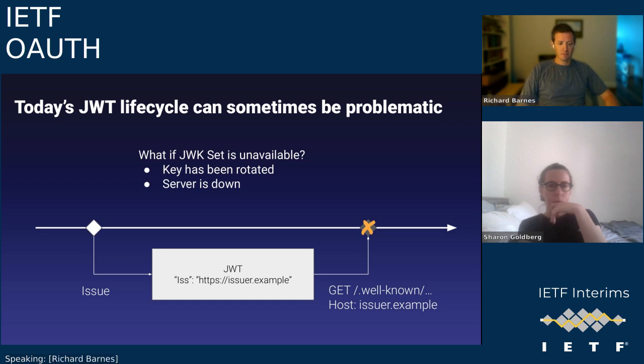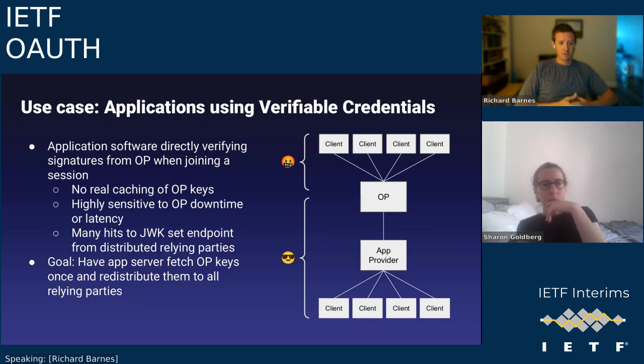I want to talk about two ways that manifests. The first one comes up when we think about things like MIMI or end-to-end encrypted Zoom or WebEx, applications like that, where we might want to use things that are issued by an OAuth or OpenID provider. In particular, things like verifiable credentials.